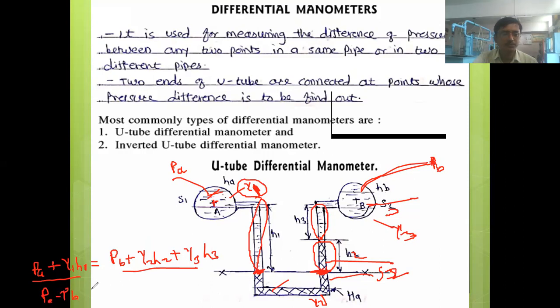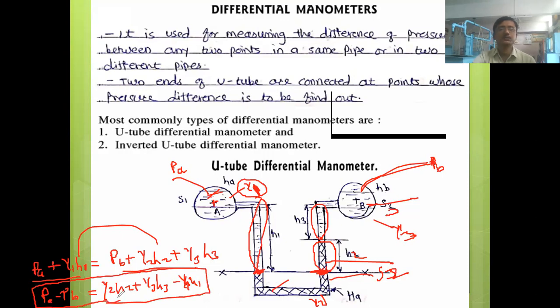So taking gamma 1 H1 to the RHS, we get PA minus PB is equal to gamma 2 H2 plus gamma 3 H3 minus gamma 1 H1. This was the equation that we derived for finding the pressure difference between points A and B, right? The same equation can be derived by using another concept, pressure head.